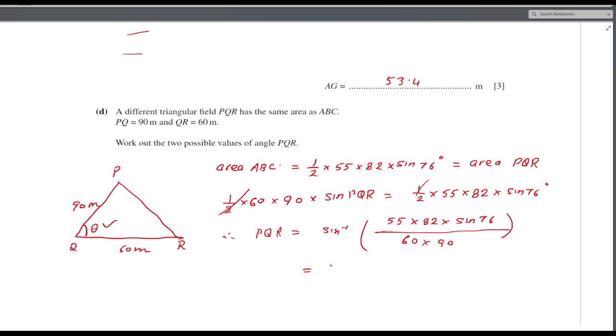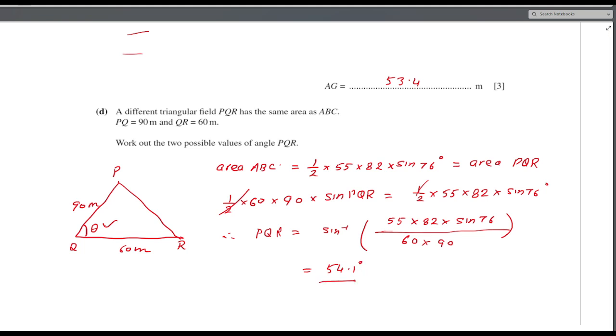You can use brackets, and in that 60 into 90. Your answer is somewhere 0.81, and you take sine inverse of that. It will give you 54.1.